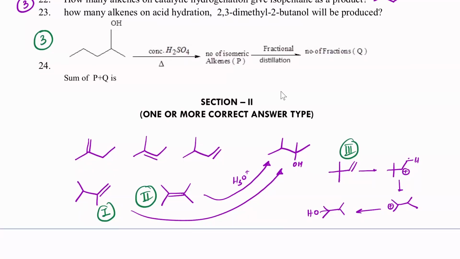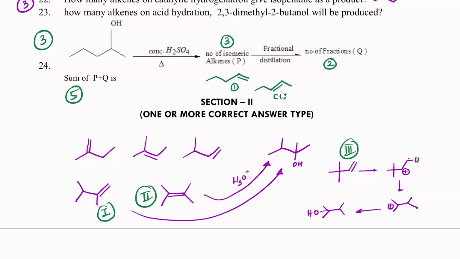Please check 24. Concentrated H2SO4, number of isomeric alkenes. Okay. So on this position already we can have a double bond here or a double bond here. Only these two are the possible forms. And here we can have cis and trans, here nothing. So total 3 we can have. Fractional distillation will give you 2. So 3 plus 2 is 5.